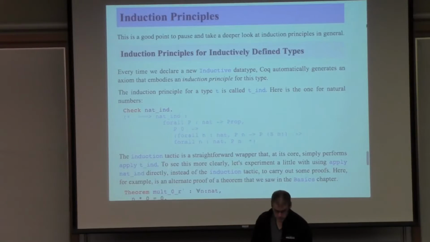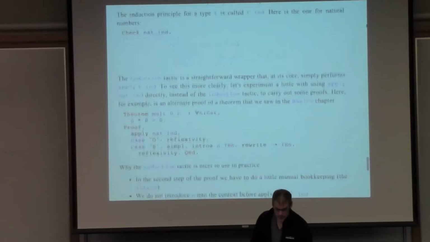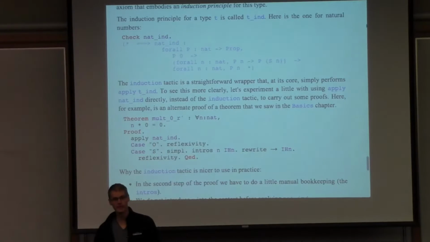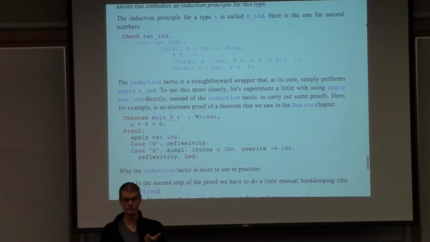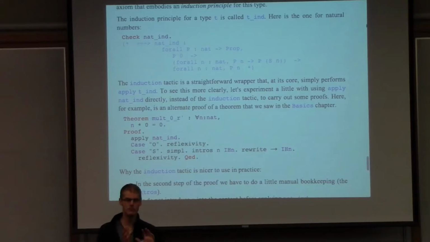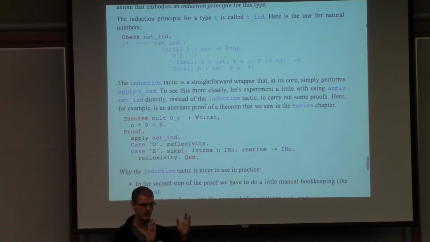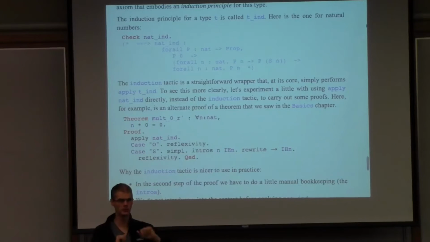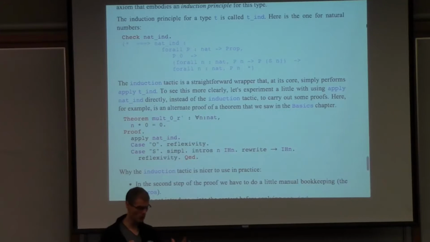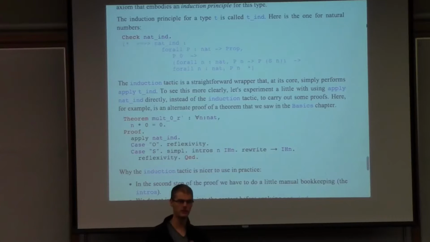And what that means is that if you want, you can actually get away without using the induction tactic. The induction tactic is just apply of the induction principle. It's doing a little bit more: a tiny bit of bookkeeping, rearranging quantifiers for you. But the core of what it's doing is just apply of the induction principle.